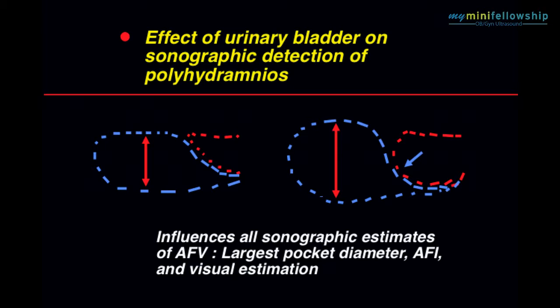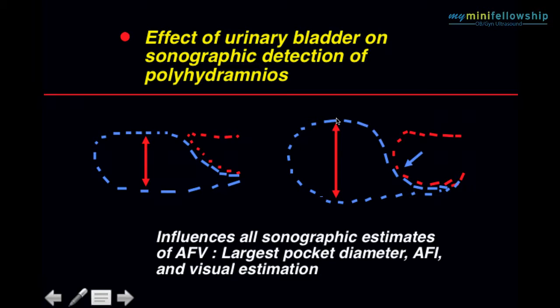But you may not have thought about this. As the bladder distends, it pushes the anterior and posterior walls of the lower uterus together, which squeezes the amniotic fluid into the upper portion of the uterus. Now, water is a non-compressible liquid, so the uterus must accommodate that by increasing its diameters.